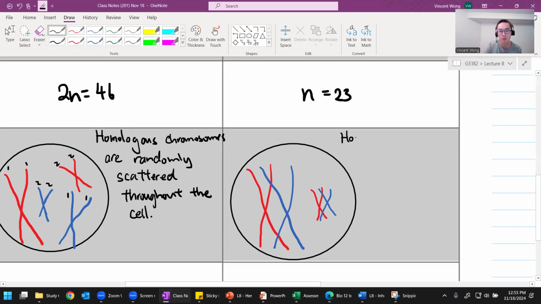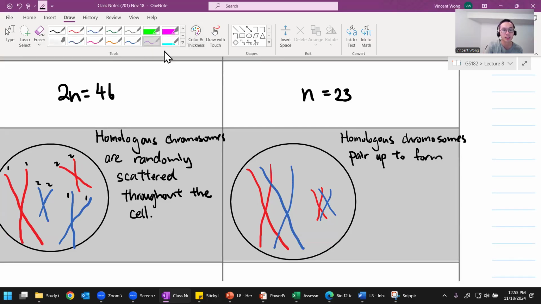So homologous chromosomes pair up to form tetrads. To form a tetrad. Tetrad means 4, right? So one, two, three, four sister chromatids stuck together.